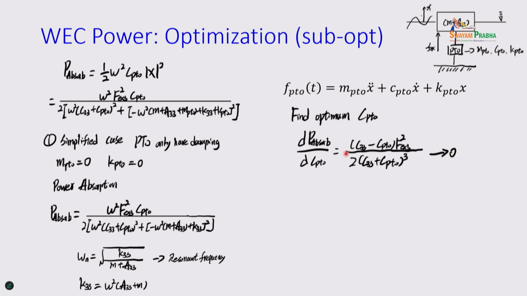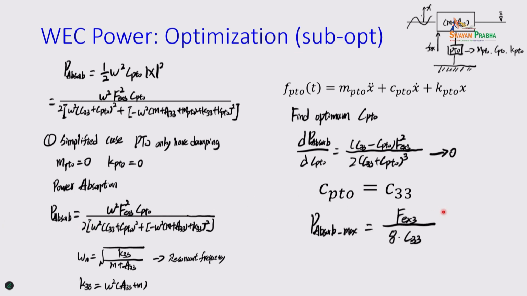So you have this expression equal to 0, and you will find that C PTO equals the radiation damping. In such a case, you have maximum power output, right? So how much is the power? You put C PTO equal to C radiation damping into the expression, and you get the maximum power.